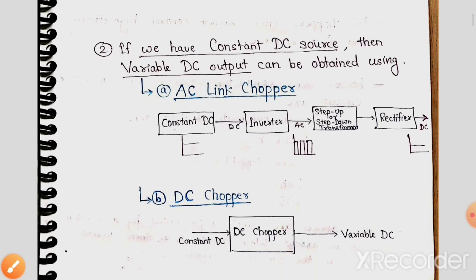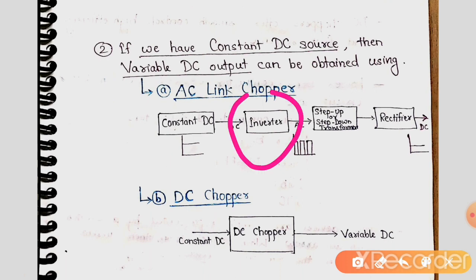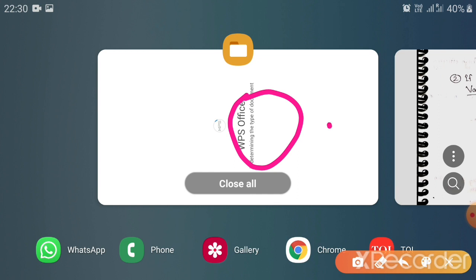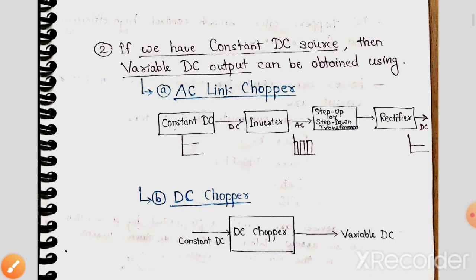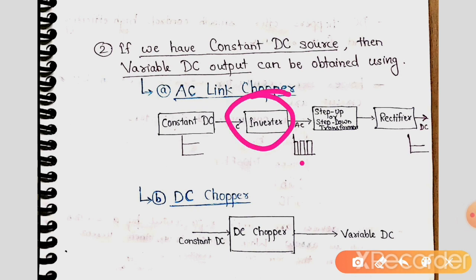Next, if we have a constant DC source, then we can also obtain variable DC using an inverter. Using an inverter we first change the constant DC source into AC supply, and then this AC is stepped up or stepped down using a transformer.